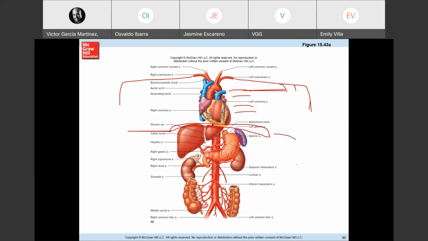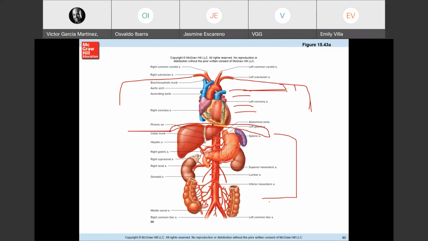For our abdomen and structures such as the stomach, the spleen, both kidneys, our liver, our guts, small intestine, and large intestine, all of these structures are fed by arteries from the abdominal portion of the aorta.